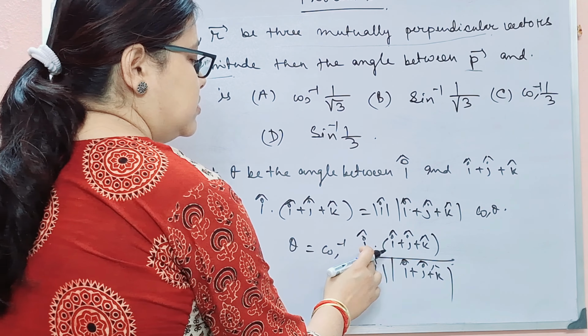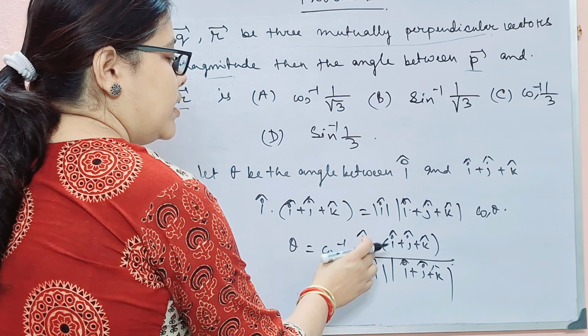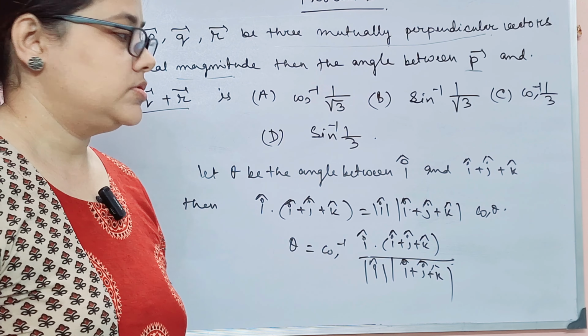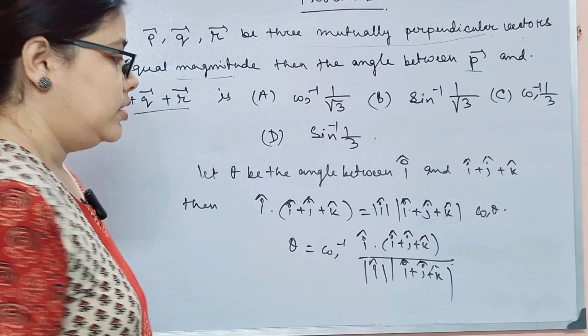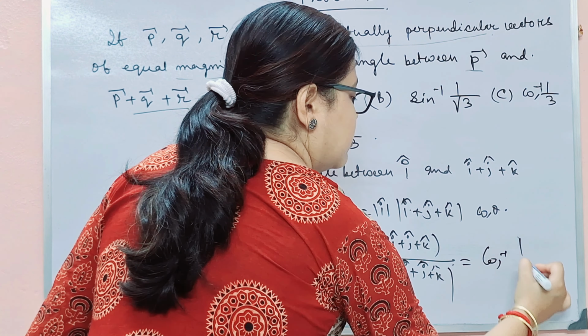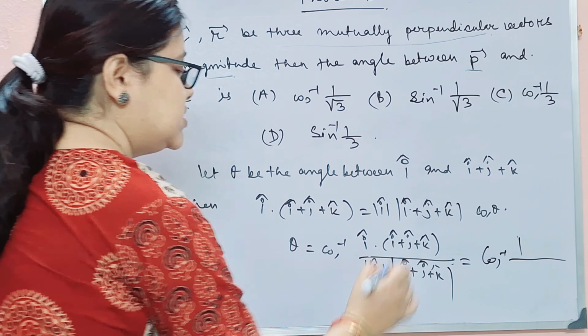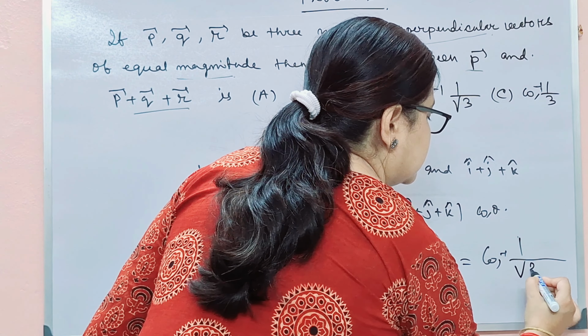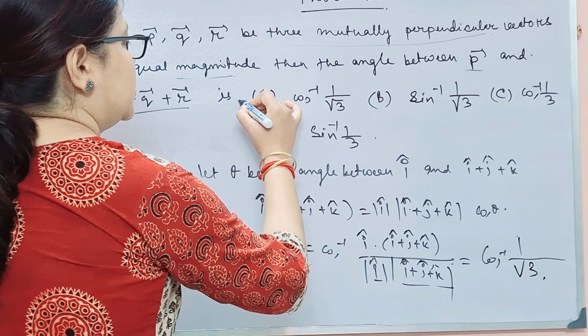So there will remain i dot i, and i dot i will be mod of i square, that is 1. So this will be cos inverse of 1 divided by root 3. So this is the correct option.